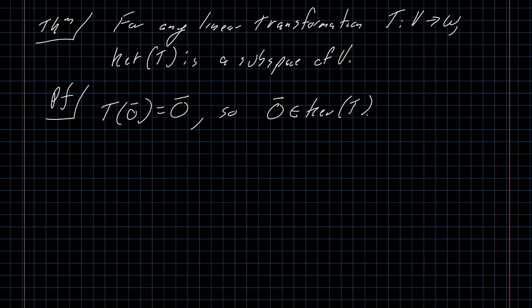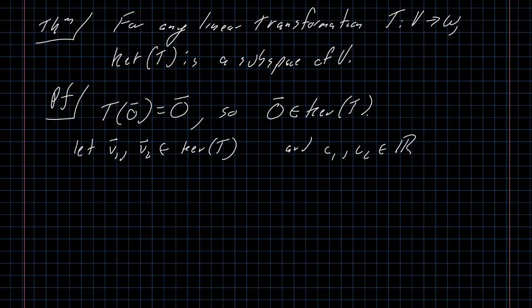Now, we want to show that the kernel of T is closed under linear combinations. So let's take two arbitrary vectors in the kernel. Since the kernel is vectors in the domain, I'll call these v1 and v2. And we need a couple of constants, c1 and c2.